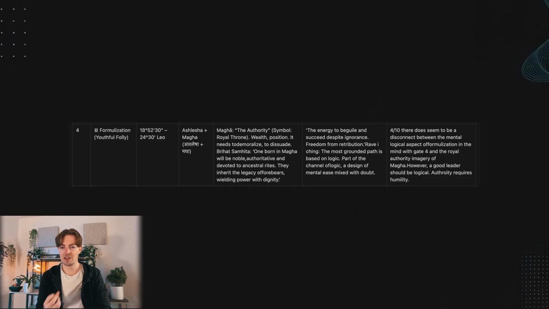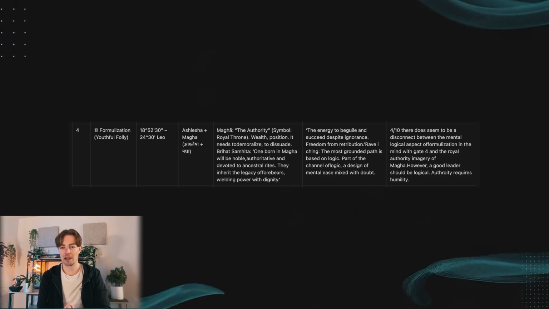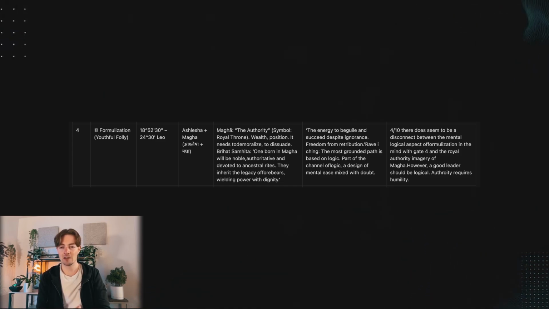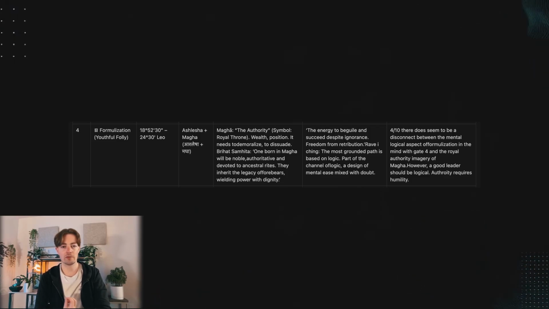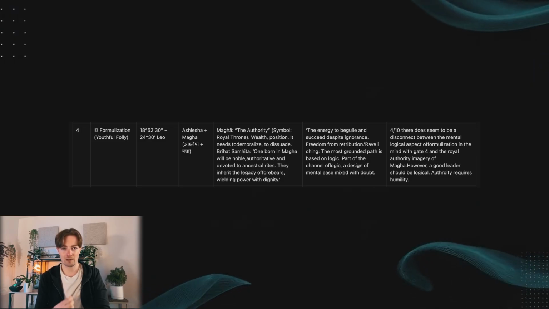There does seem to be a disconnect between the mental, logical aspect of the gate of formalization in the mind and the royal authority imagery of Magha Nakshatra. However, a good leader should be logical, and authority does require humility to some extent, but there's not really a good link here with youthful folly versus the regal royalness of Magha Nakshatra.